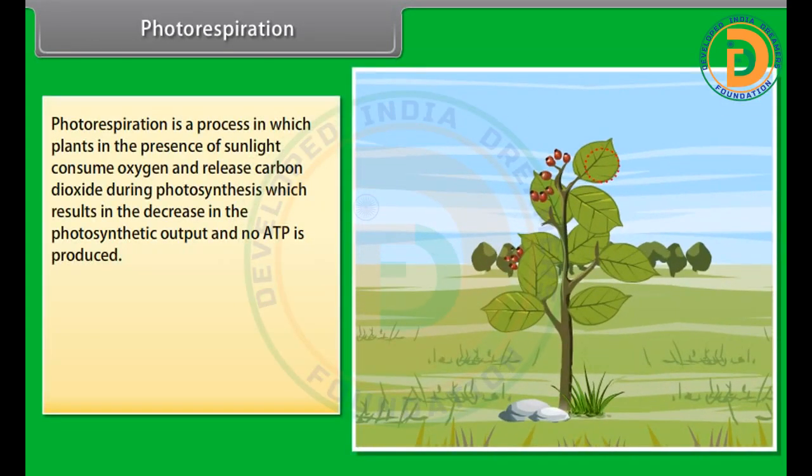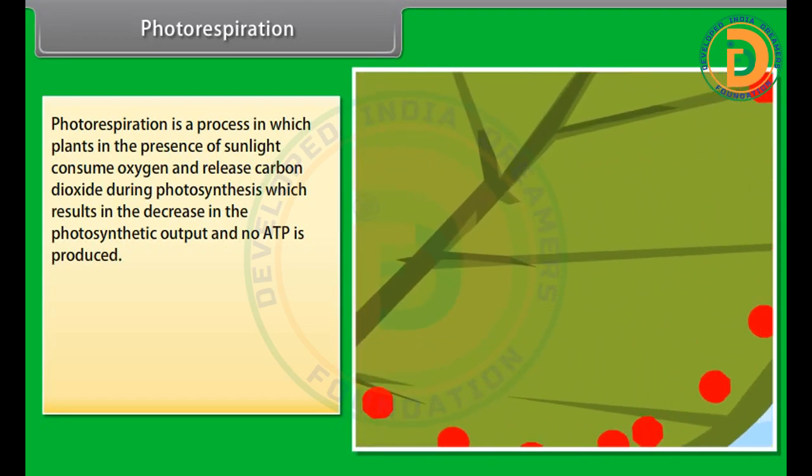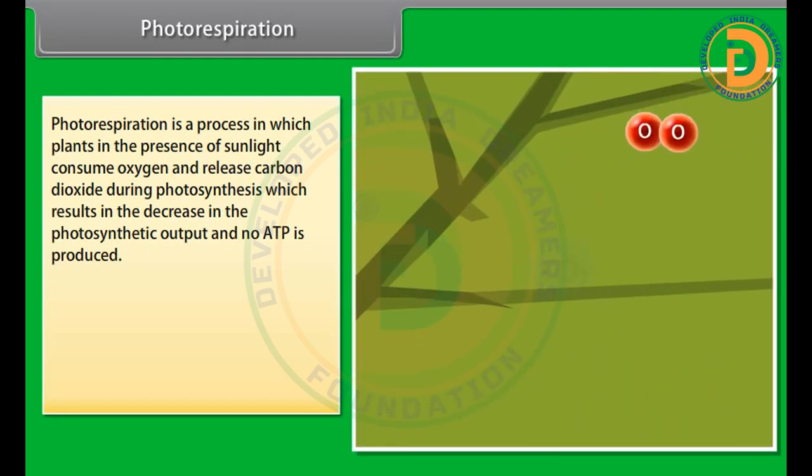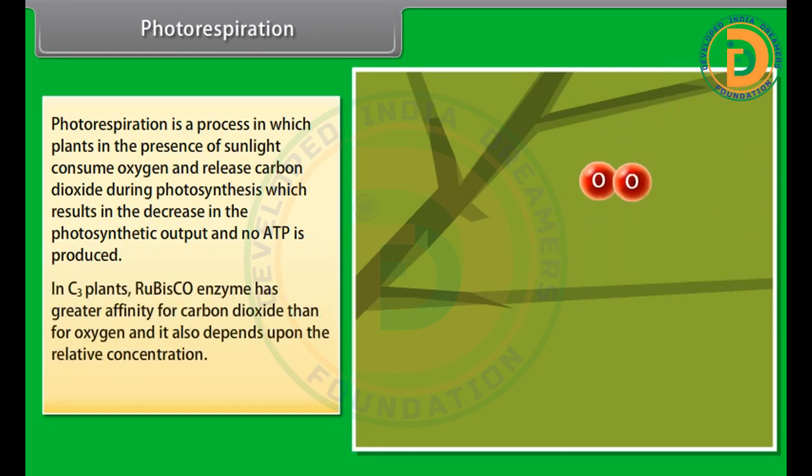Photorespiration is a process in which plants, in the presence of sunlight, consume oxygen and release carbon dioxide during photosynthesis, which results in a decrease of photosynthetic output, and no ATP is produced. In C3 plants, the Rubisco enzyme has greater affinity for carbon dioxide than for oxygen, and it also depends upon the relative concentration.